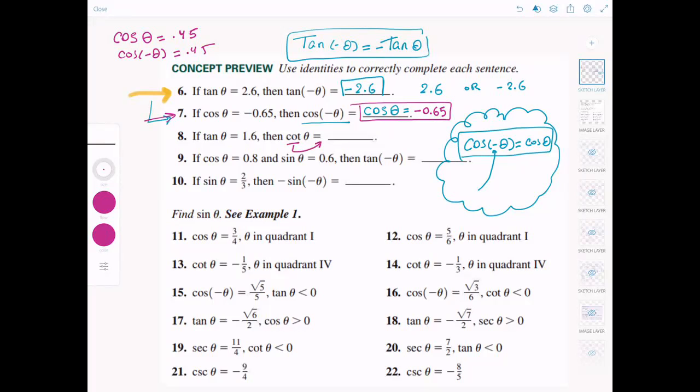Yes, you did the reciprocal, correct? Very nice. So for tangent and cotangent, we have it in the note sheet that cotangent is 1 over tangent of theta. They're reciprocals of each other. So this gives us 1/1.6, which is 10/16, which is 5/8. Yeah, that's what I got.